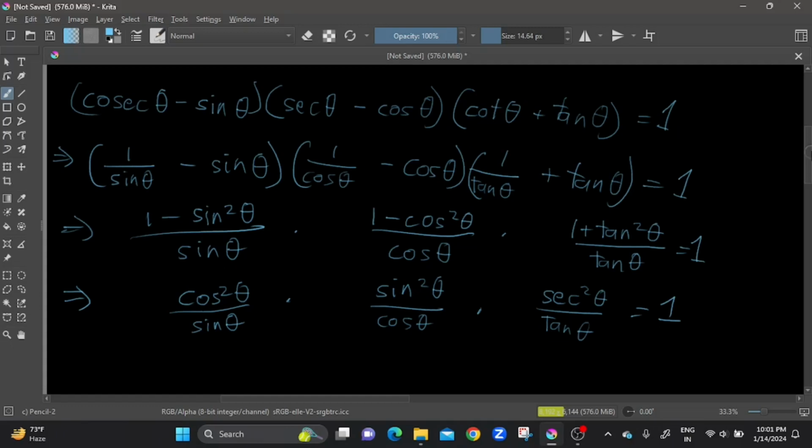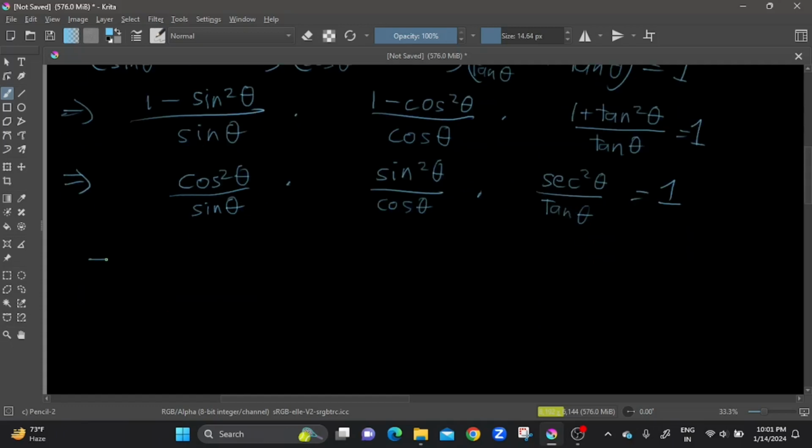So let's just drag this down a bit. Over here we can cancel out the cos square theta and get cos theta, and this goes out as 1. Again, this cancels out, we get 1, and we get sine theta here. So cos theta, sine theta. There's nothing much we can really do here, but this side requires some further simplification.